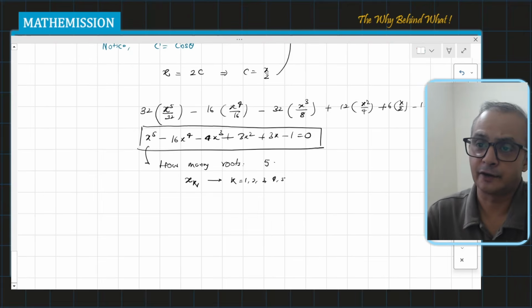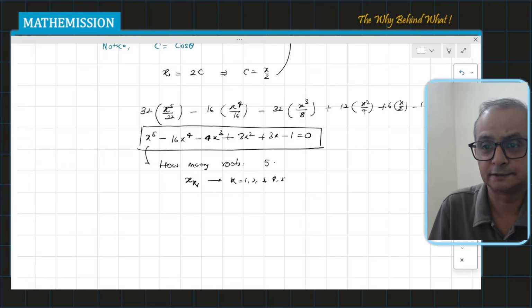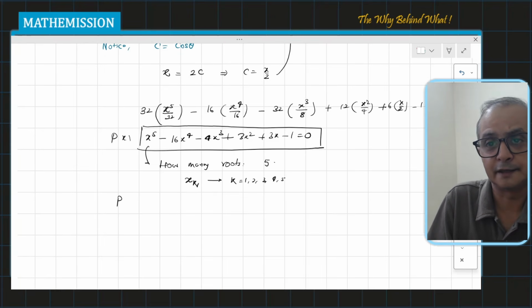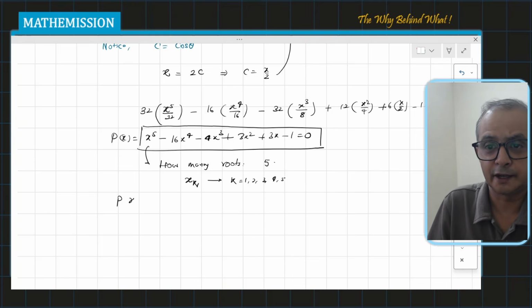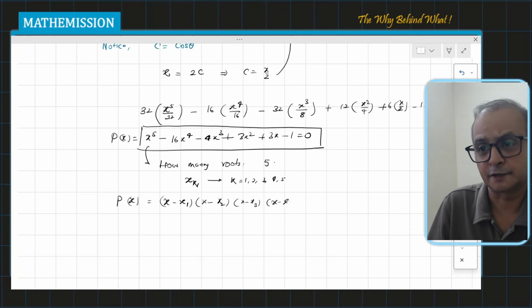So can we not write this entire polynomial, let's say P(x) is this polynomial I have, as the factors of its roots also? So x minus x1, x minus x2, x minus x3, x minus x4 and x minus x5.